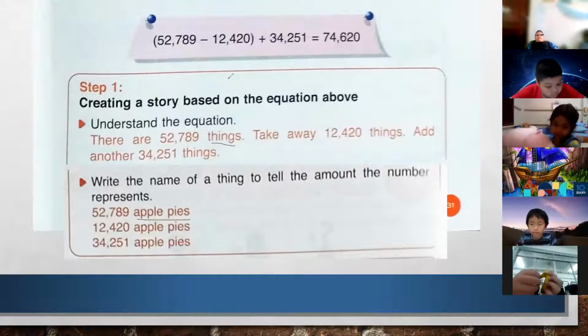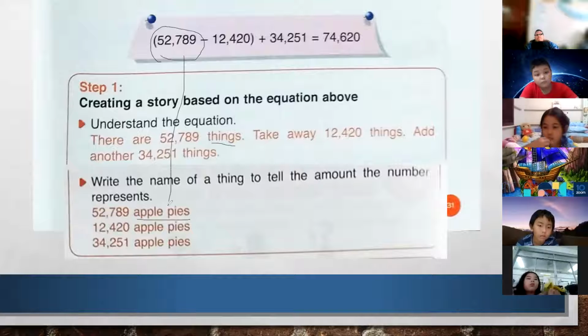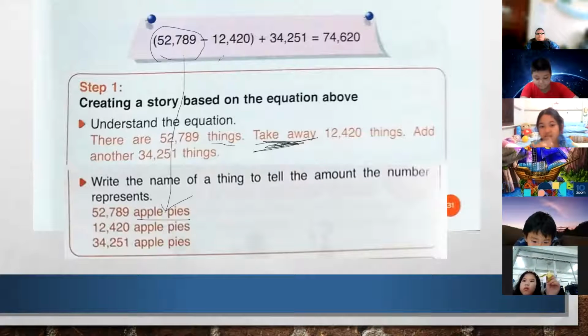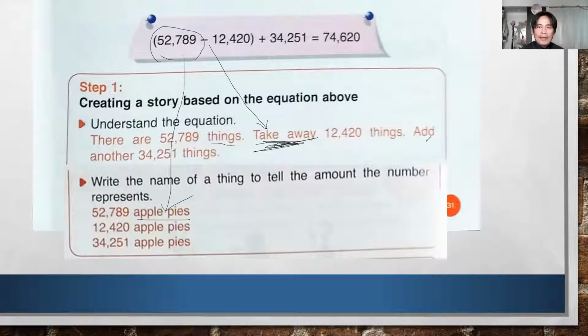So there are 52,789 apple pies. Minus, you have to take away. Take away means minus, right? 12,420 apple pies. How about the word plus? The word plus is another.